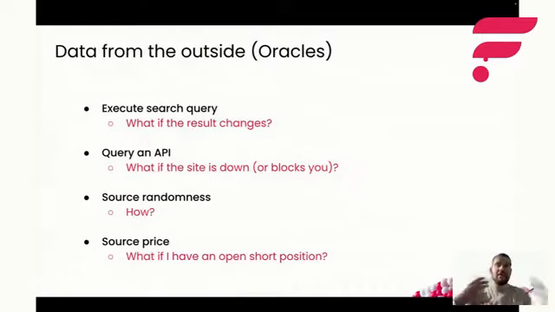So what are oracles? How to properly build them, what they can do, what they can't do, and specifically what are the problems that arise from them. But let's just take a look at what specifically can be problematic. Let's say you want to get some data from the outside world. Execute a search query. You need to be certain that if the results of this search query change, you'll still get the correct thing out.